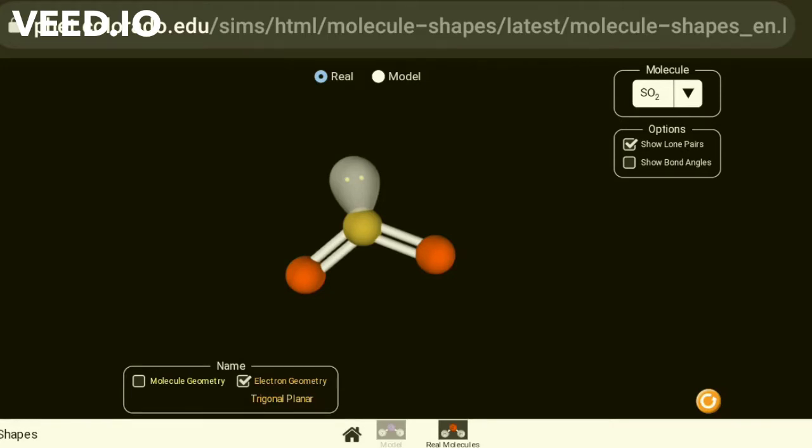The three pairs of bonding electrons are arranged in the plane at the angle of 119 degrees. As the one pair remained alone, two double pairs are bonded and form a bent shape, which is our molecular geometry. And that is all for our simulation on the structure of sulfur dioxide.